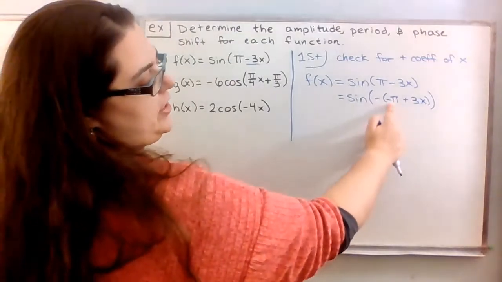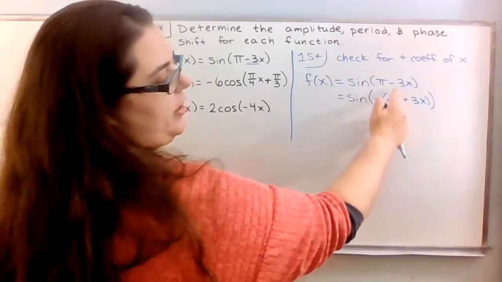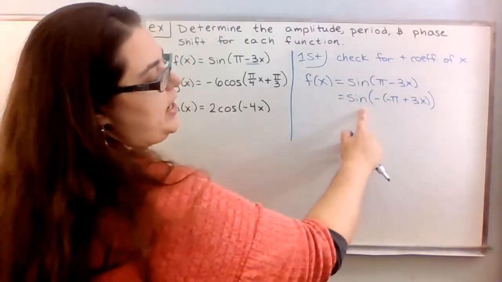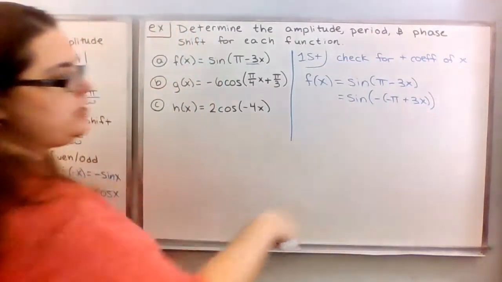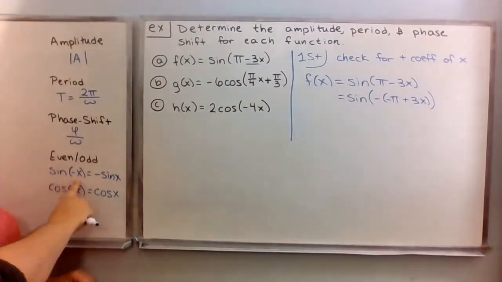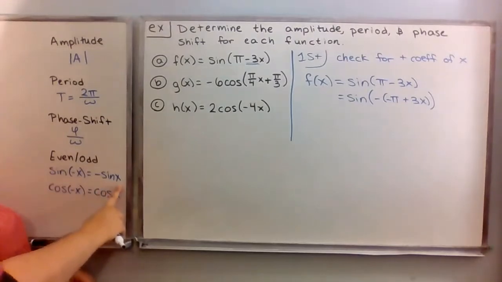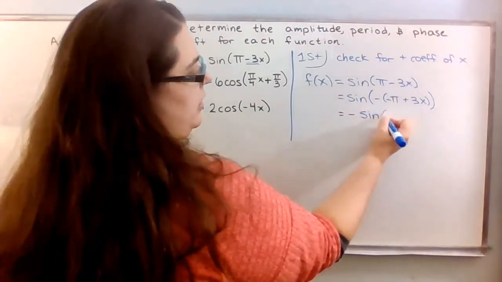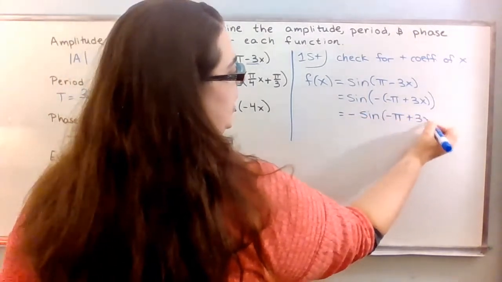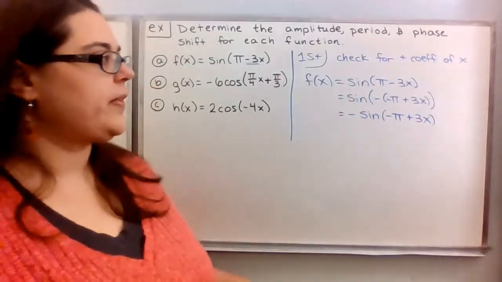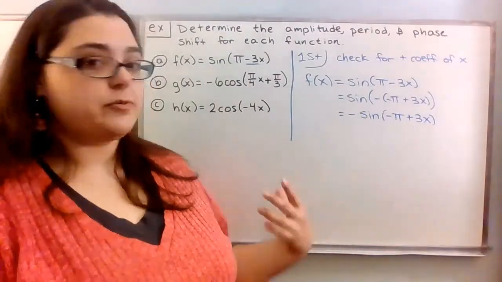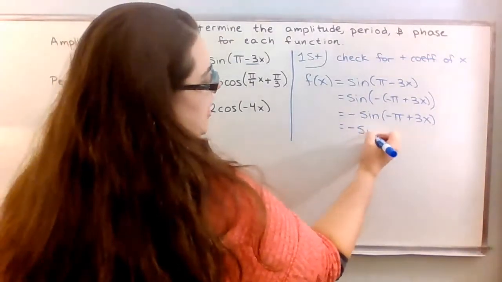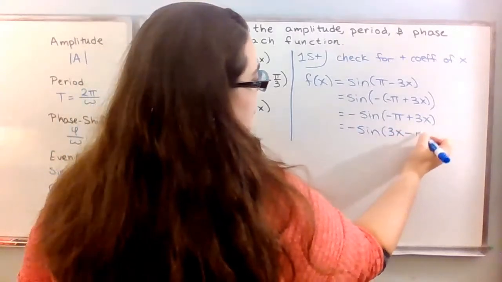If I distribute that negative sign, I get pi, and if I distribute it here, I get minus 3x. Now I have this in the form sine of negative whatever. So from our odd property, sine of negative whatever is negative sine of the whatever. So this is going to be negative sine of negative pi plus 3x. Now it's also traditional to write the x portion first. So I'm just going to use the commutative property and rewrite this as negative sine of 3x minus pi.